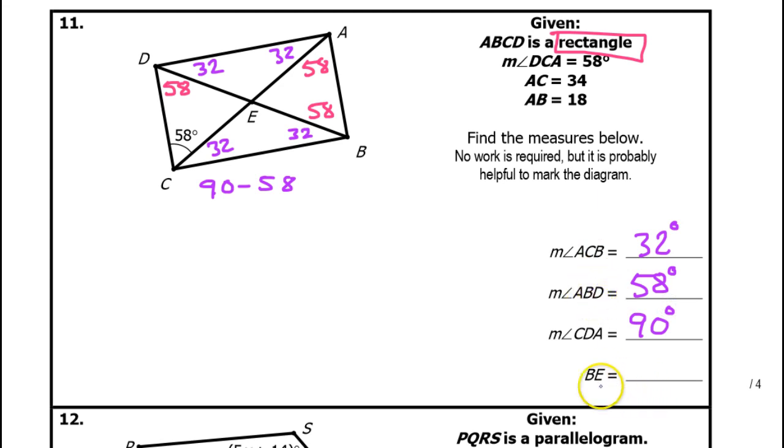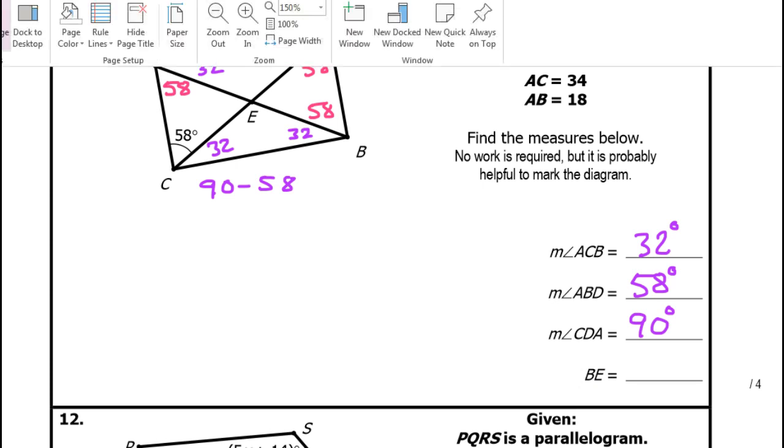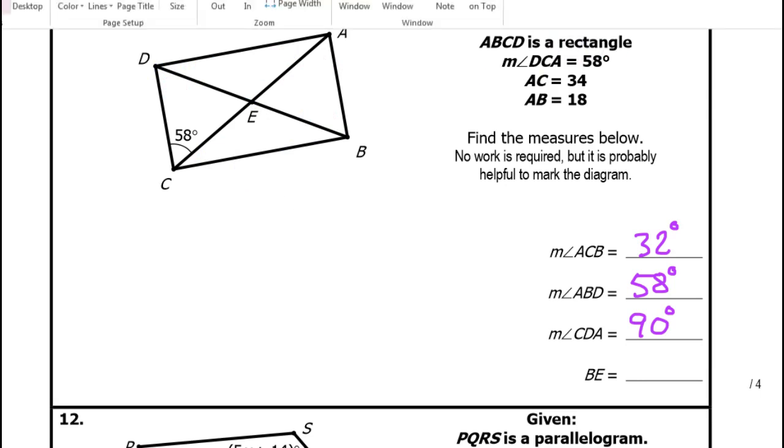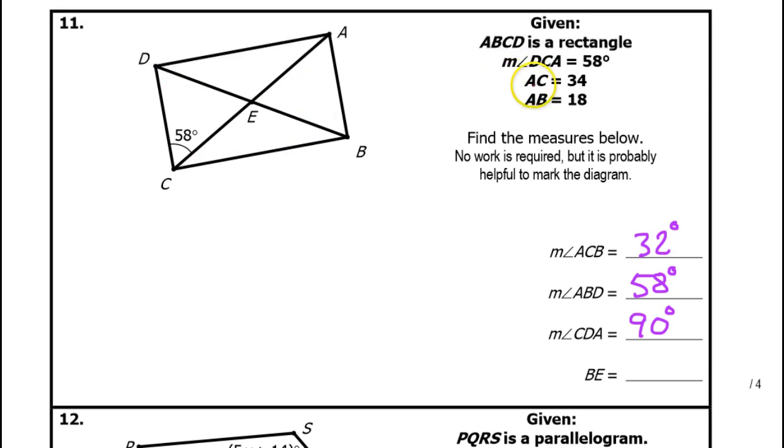So now I'm being asked for the length of a segment. So I think I will actually erase all these little angle marks so I can just focus on the segments now. So they told me that AC is 34. I think I'll just use light colors. So this AC, that is 34. All right, keep that in mind.